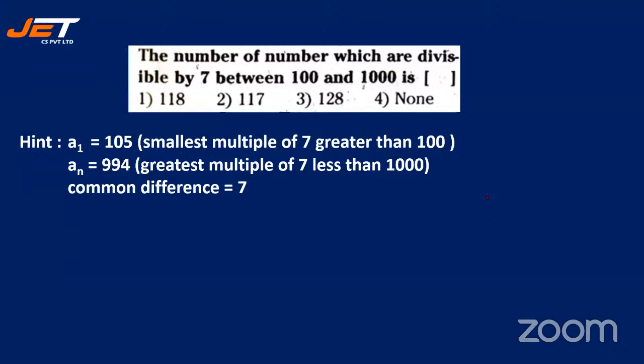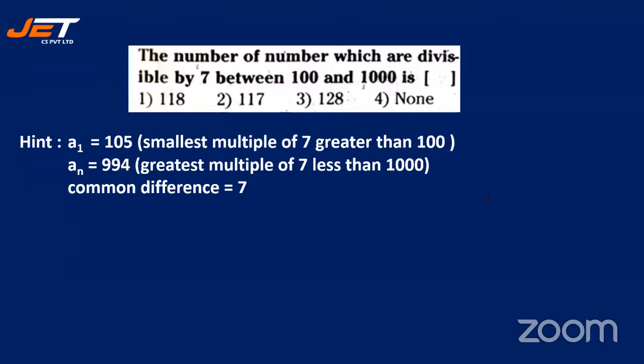The one which is greater than 100 but should be divisible by 7 means 105 should be the first number. Is it clear? And the greatest multiple of 7 less than 1000. So you just have to go back. 1000, 999, 998 and so on. So the number is 994. Is it clear? So the common difference will be 7.